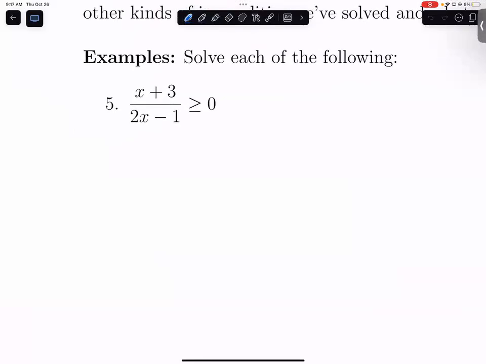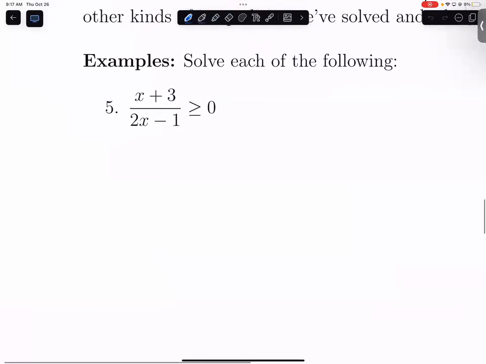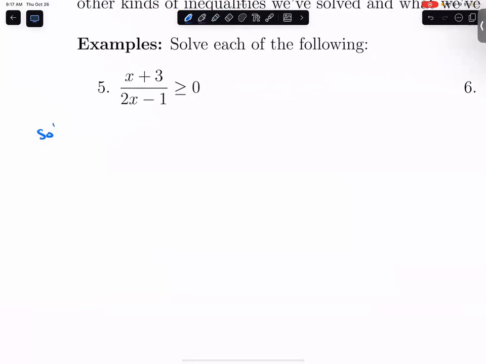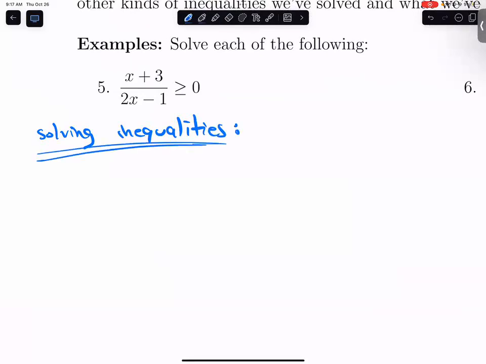Also asked you to go home and do this. This is the very end of the 5.3 stuff. How do we always solve inequalities?